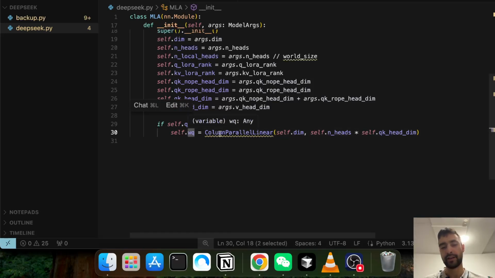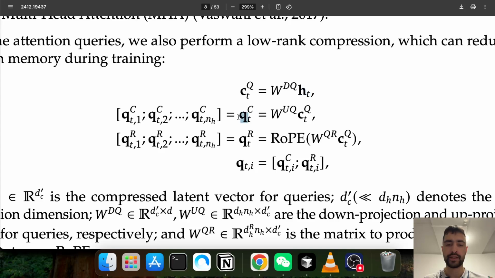Or we are defining it. So number of heads is, let's say, 128, and each of the heads has some dimension, 512. So the total dimension will be the number of heads multiplied by the dimension for each head.